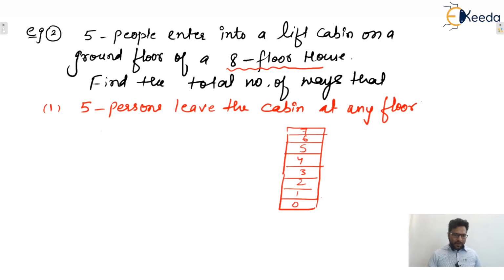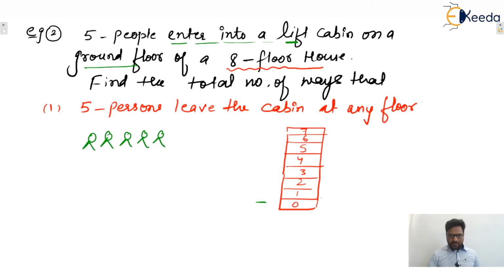Now tell me, 5 persons are there. So let us assume these are the 5 persons. And what is given in the question? These 5 persons leave the cabin at any floor, isn't it? And it is also given that these 5 people enter the lift cabin on the ground floor.